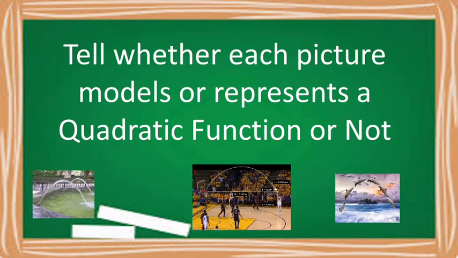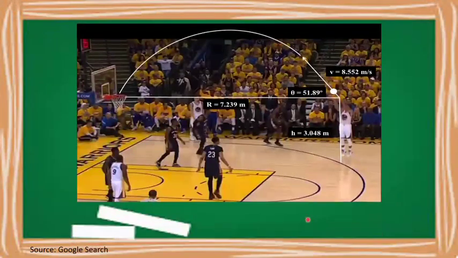Ngayon, balik ulit tayo. So, masasagutan na natin yung picture kung siya ba ay nagre-represent a quadratic function or not. So, meron tayong tatlong picture. Picture number 1. Okay. Kitang-kita natin, si Stephen Curry pa ang ating example. Quadratic function or not? Quadratic function.